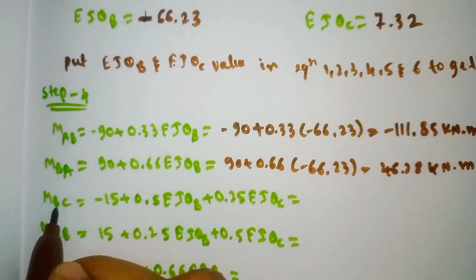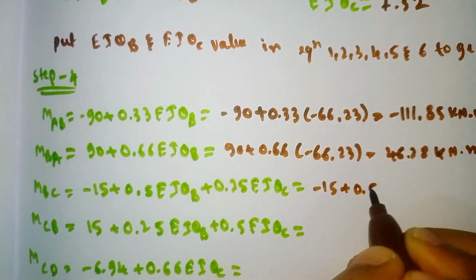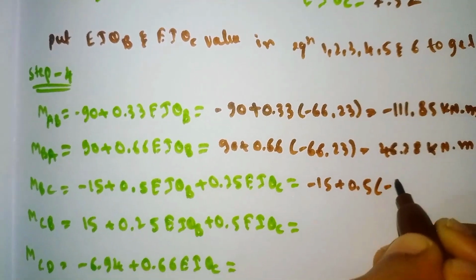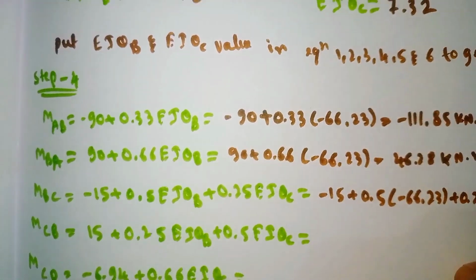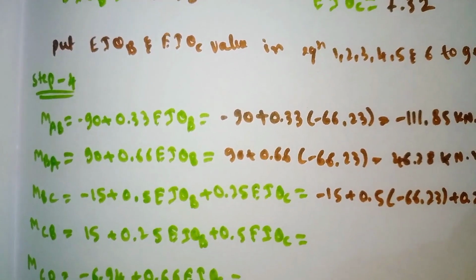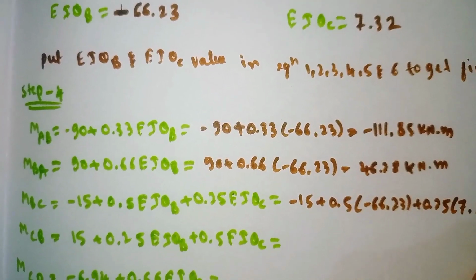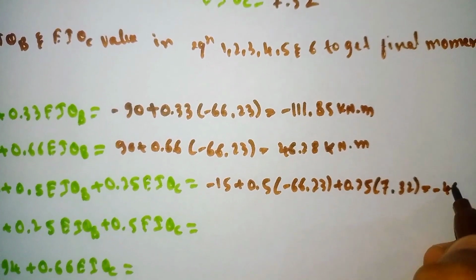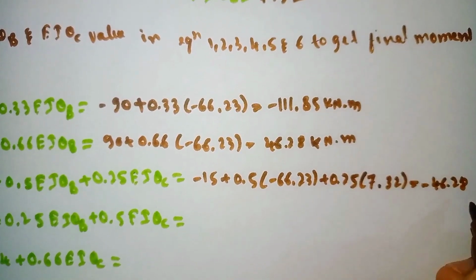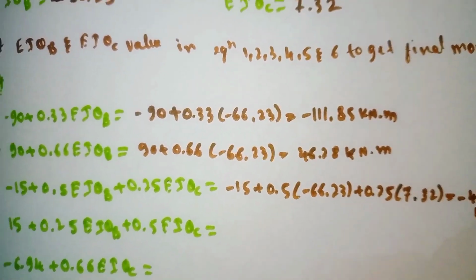For MBC, minus 15 plus 0.5 EI theta B, which is minus 66.23, plus 0.25 EI theta C, which is 7.32. It will come out as minus 46.28 kilonewton meter.